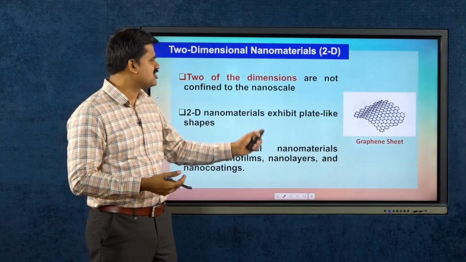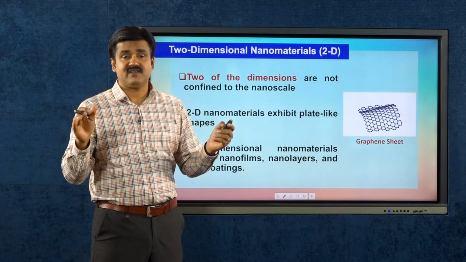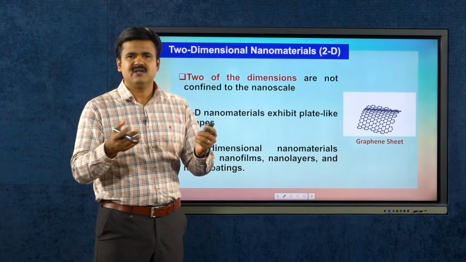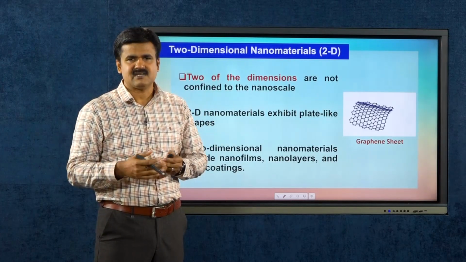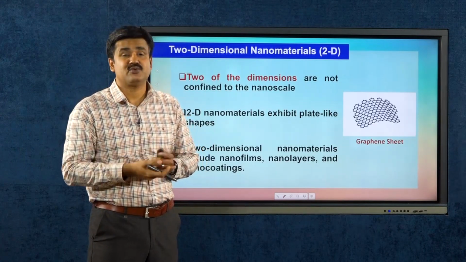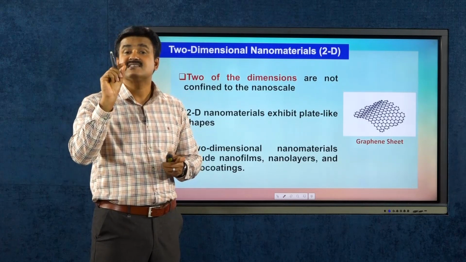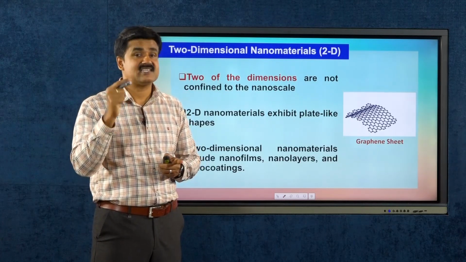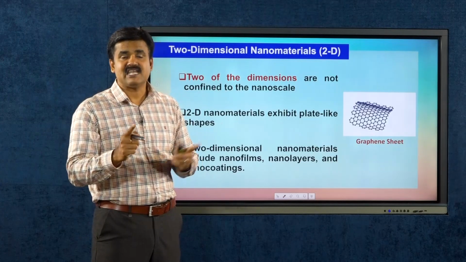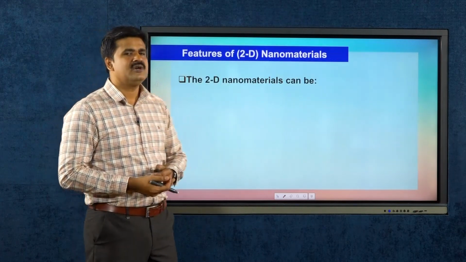Two-dimensional nanomaterials include thin films, nanofilms, nanolayers and nanocoatings. So, they have a planar structure, similar to a very thin sheet of paper, where two dimensions are outside nano. Its thickness is very small. So, one dimension is inside nano and two dimensions are outside nano. Hence, the name 2D nanomaterial. We can enter into the features.